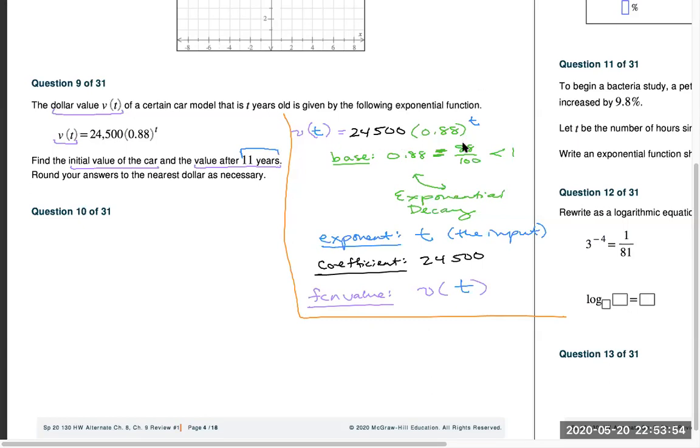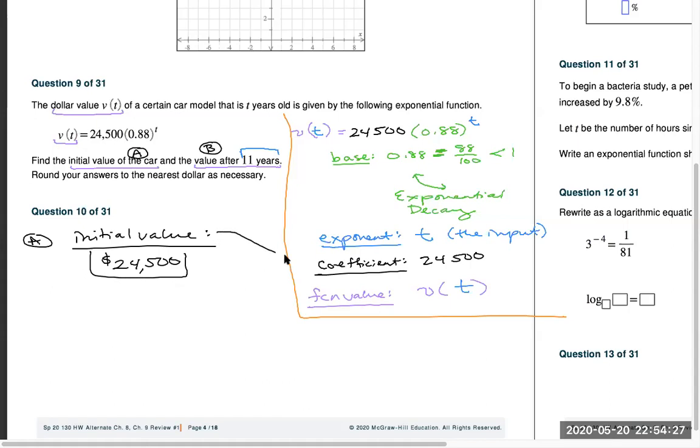Okay, so let's call this part A and part B. For part A, the initial value of the car, what you need to look for is the coefficient. And since it's a dollar value, you have dollars on it.